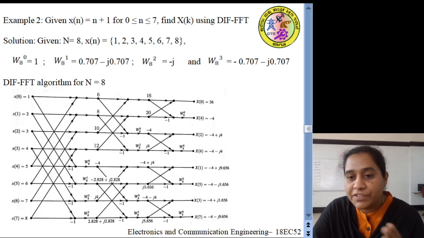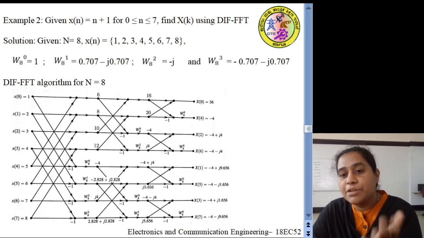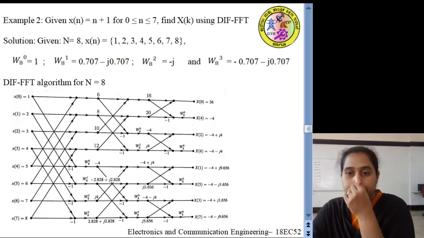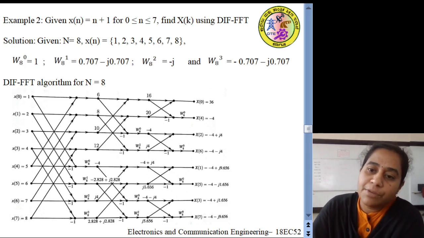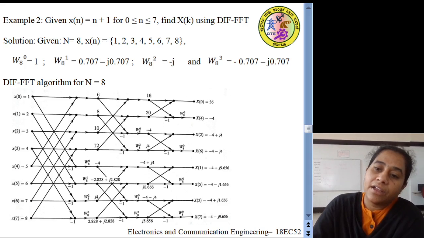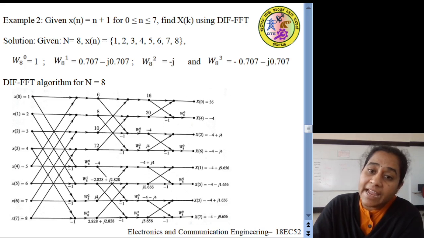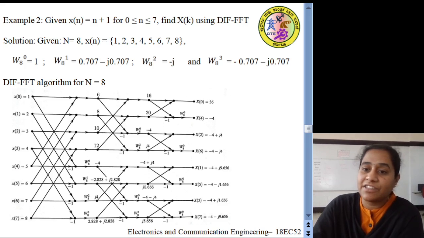So these outputs of the second stage we now consider as inputs to the last stage, that is the third stage. So after accepting these inputs and after calculating, the outputs we obtain are the 8-point DFTs of the corresponding time domain samples x of n.